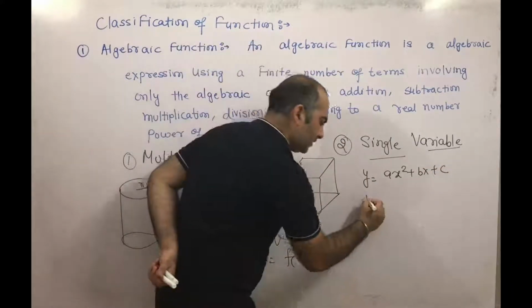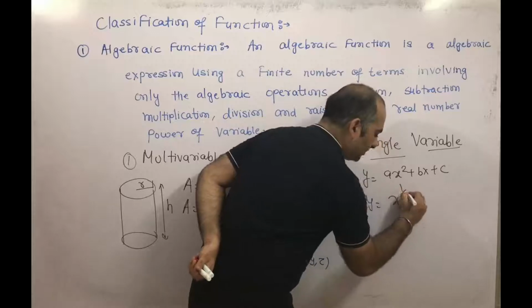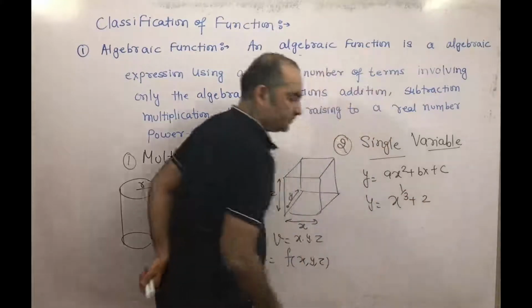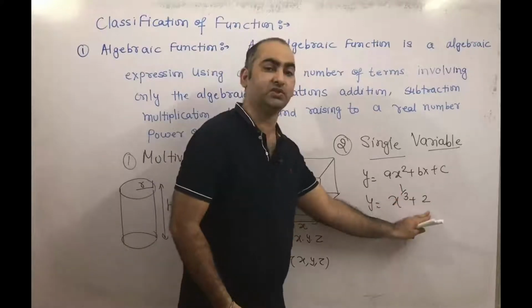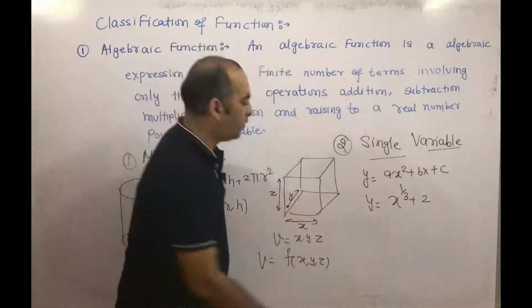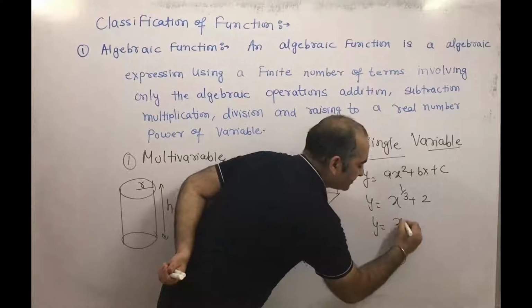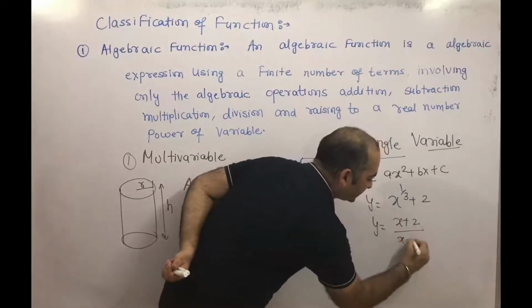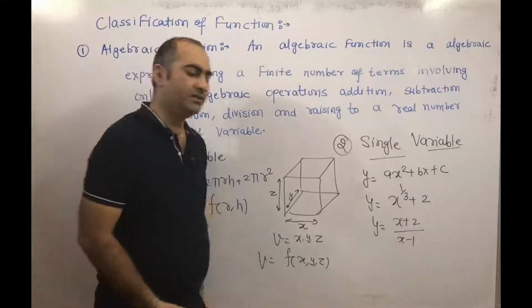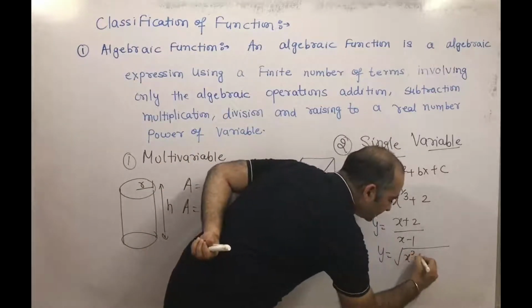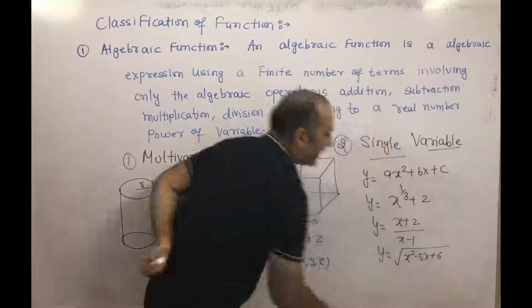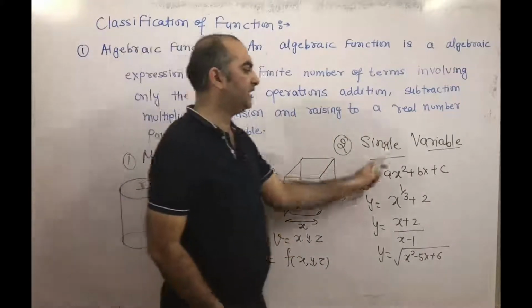Y equal to x power 1 by 3 plus 2: here the variable power is 1 by 3, plus 2. It's an algebraic function. Y equal to x plus 2 divided by x minus 1 is an algebraic function. Y equal to root over x square minus 5x plus 6 is an algebraic function in terms of a single variable.